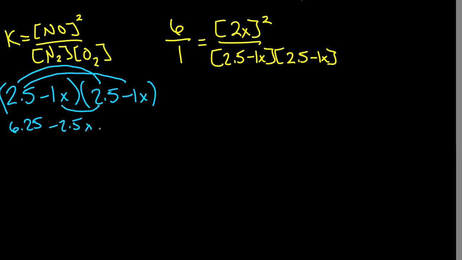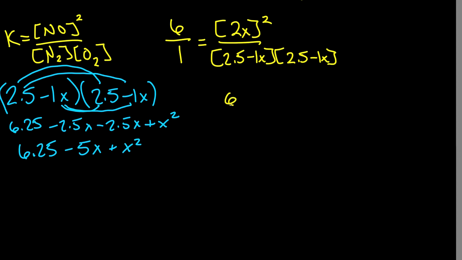Negative 1x times 2.5, negative 2.5x. Negative x times negative x is positive x squared. So this becomes minus 5x plus x squared.